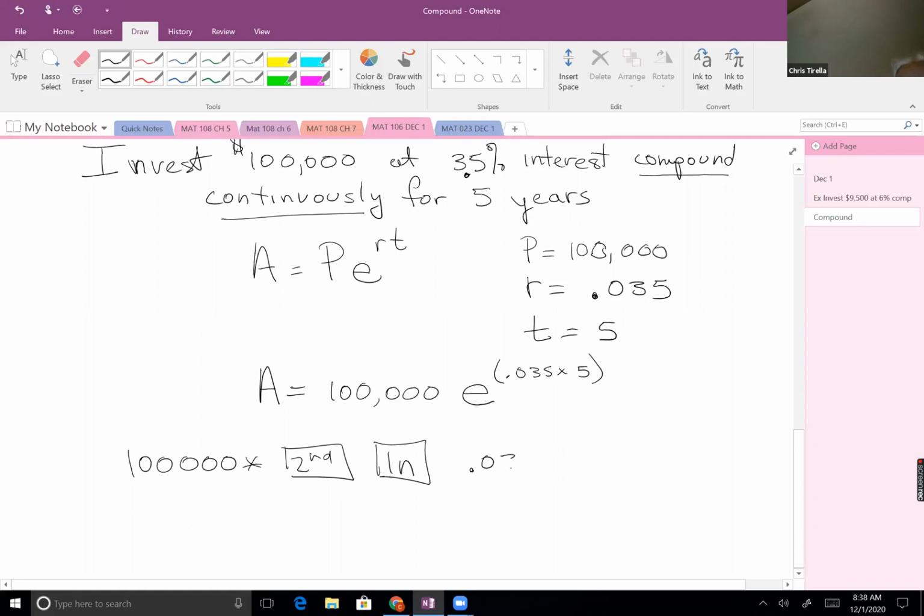I'm going to type in 0.035 times 5 and close my parentheses. So that's what I'm typing, not what my display looks like. So 100,000 times second LN, and it gives me that E to the power. It opens the parentheses, so I'm just going to multiply 0.035 times 5, close my parentheses, and so I am ending up with $119,124.62.